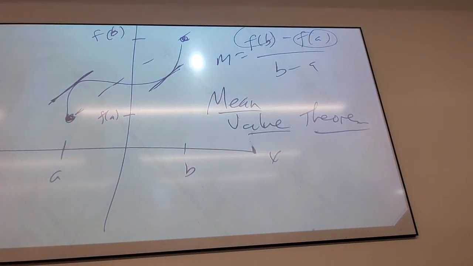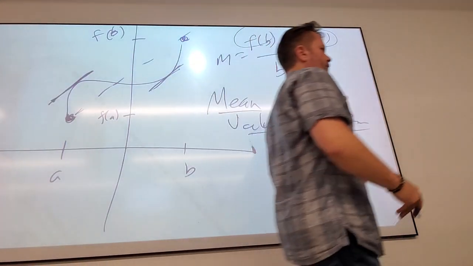There's only 2 conditions for the mean value theorem, because does F of A have to equal F of B? No. So all I need is a continuous, differentiable function on A to B. Then I'm guaranteed. So here's what the mean value theorem says.